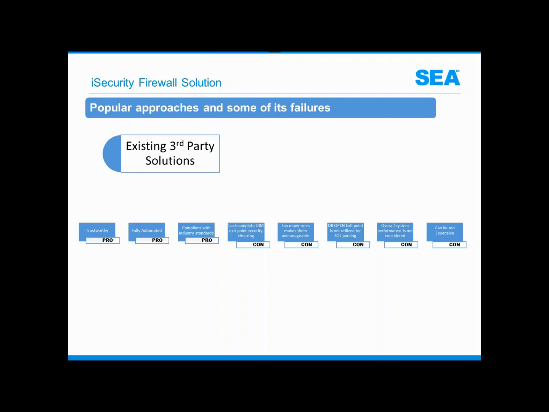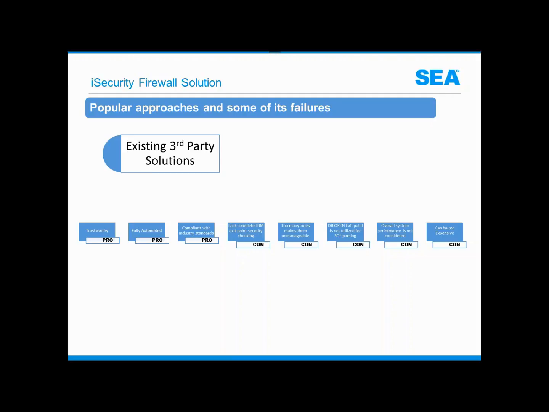This leads to too many rules having to be implemented over that one layer of checking, which can make them unmanageable because it becomes too cumbersome and becomes clutter. The clutter leads to not being able to identify where the exit point needs to be secured in a better manner.